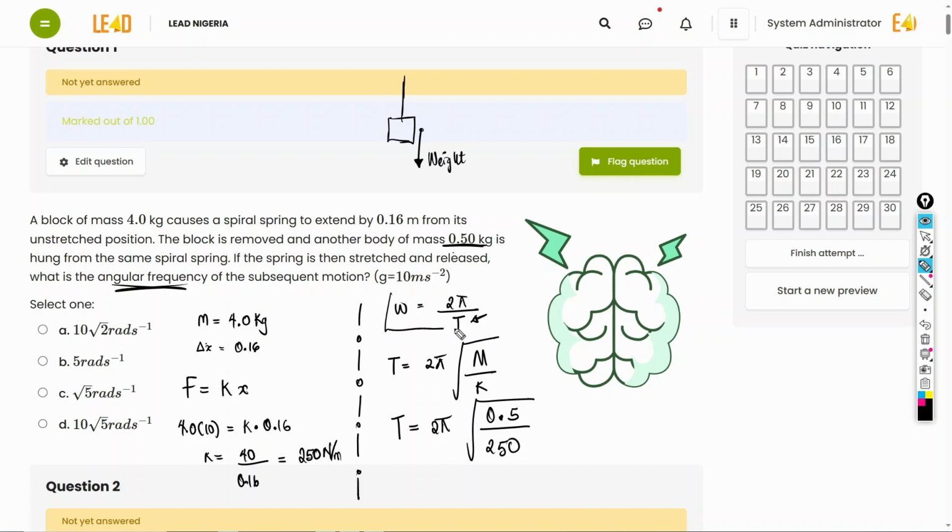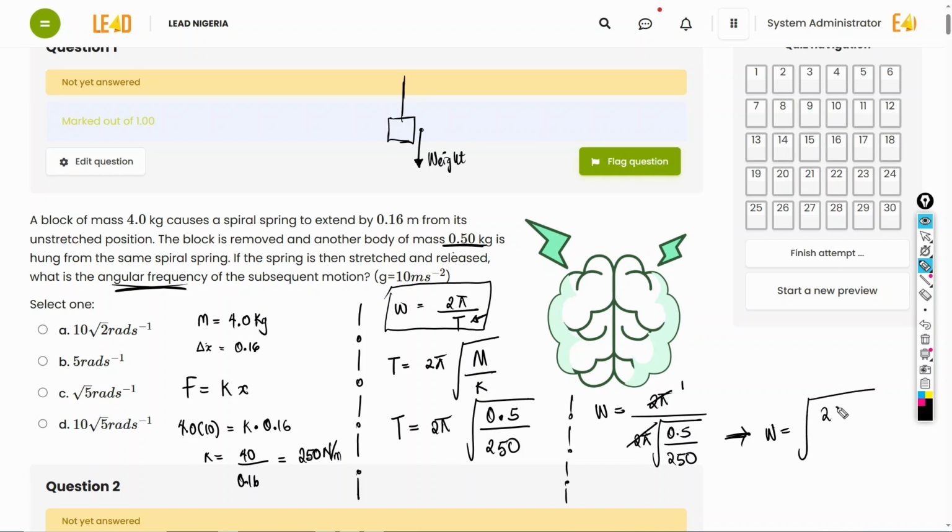So I can come back and substitute here into my formula for angular frequency, such that W would now be equal to 2 pi over 2 pi root 0.5 over 250. 2 pi cancels out 2 pi, such that W is now just the reciprocal of what we have under the square root sign, which is W equals the square root of 250 over 0.5, sorry, my bad.